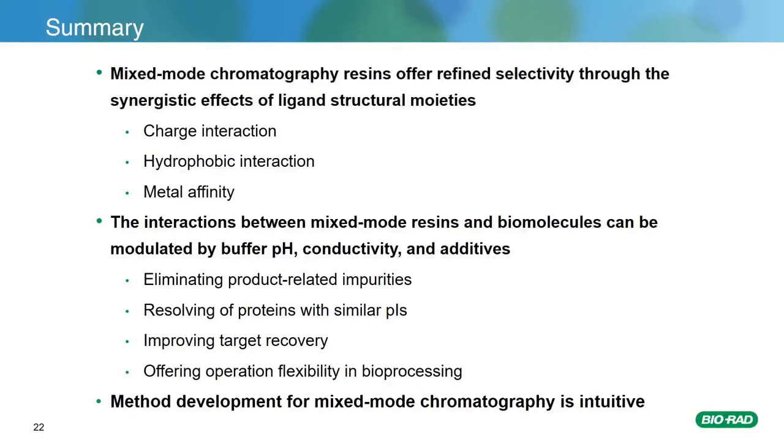The chromatography operation can be run in a flow-through mode or bind-elute mode, depending on the purification need and the process economy consideration. Method development for mixed-mode chromatography is not necessarily different or more difficult than other types of chromatography. It's intuitive on the basis of our knowledge about the interaction mechanisms. DOE is often used for initial condition screening, just like we have been doing for all other chromatography.